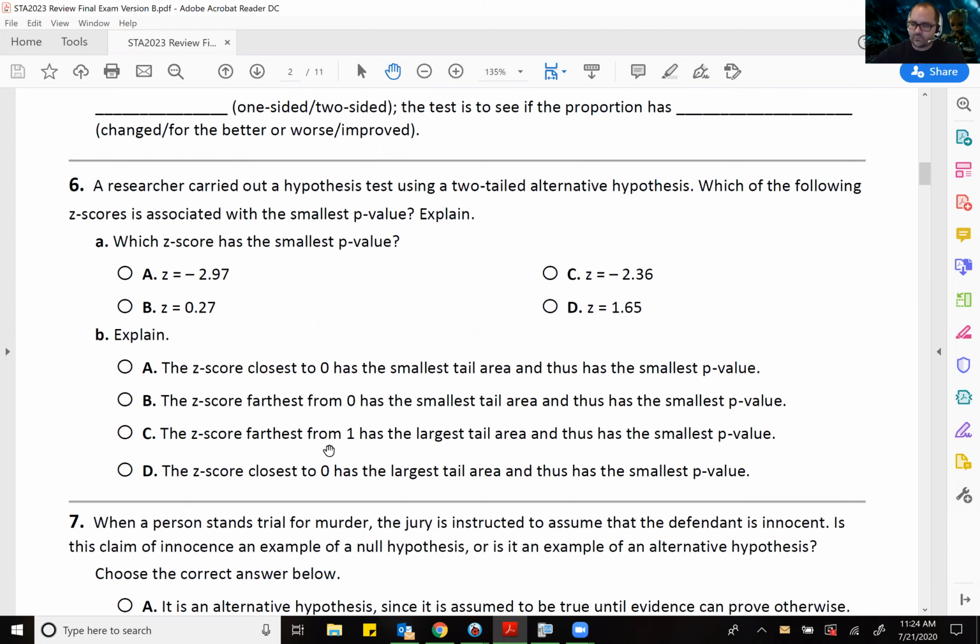So I'm going to write down that answer real quick. So just bear with me. So it says the z-score farthest from 0 has the smallest tail area and thus has the smallest p-value.